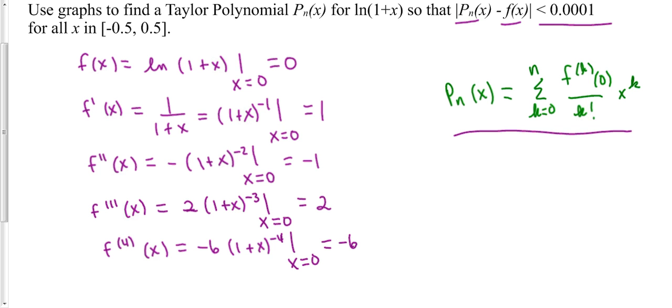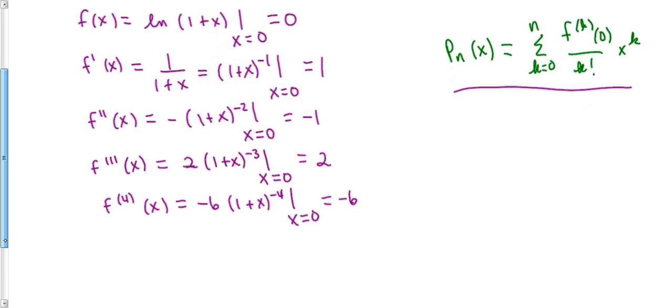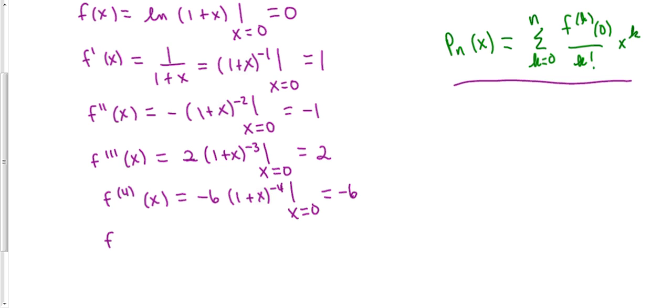I think we're going to go a couple more, maybe out to 7. So our fifth derivative is going to be equal to positive 24 times 1 plus x to the negative 5, evaluated at x equals 0, and that's going to give us 24.